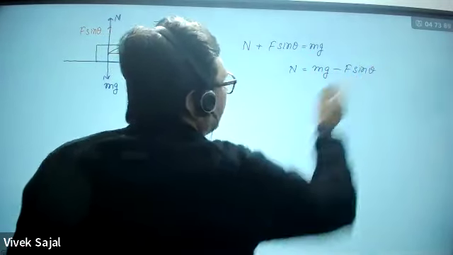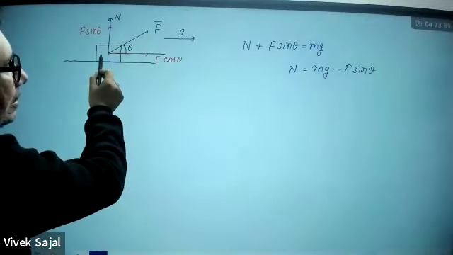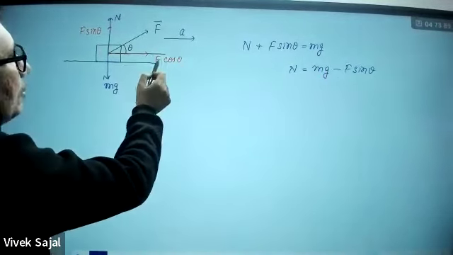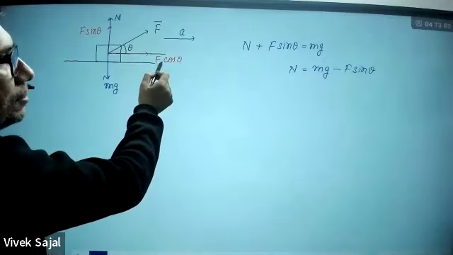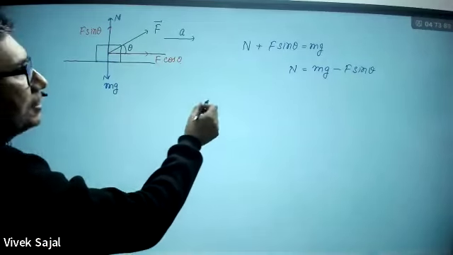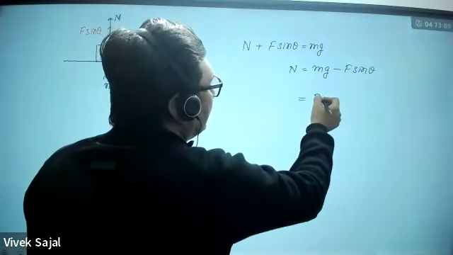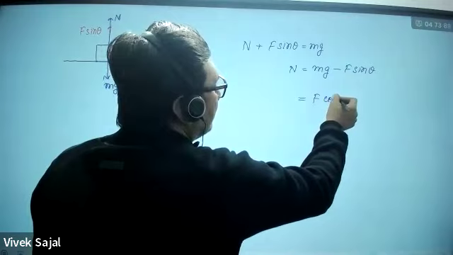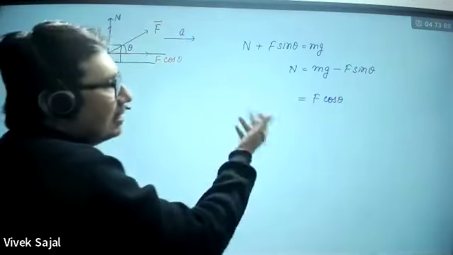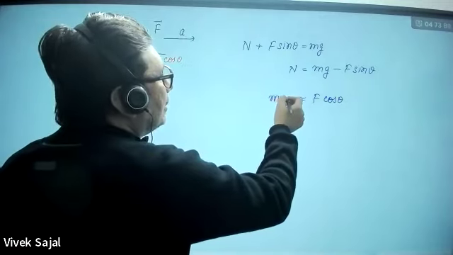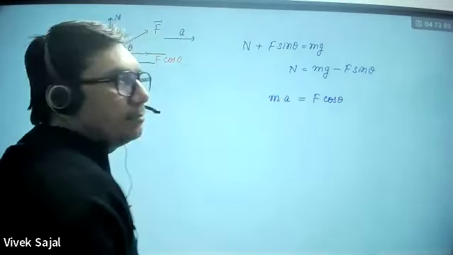And acceleration in this direction, to the right, will be caused by this component. In this direction, only one component is acting, that is F cos theta. So basically this F cos theta is causing acceleration along the x-axis. Suppose the mass of this block is m, and the acceleration is a.